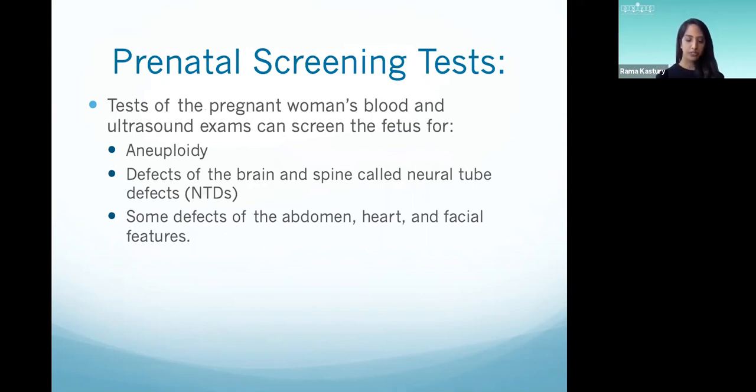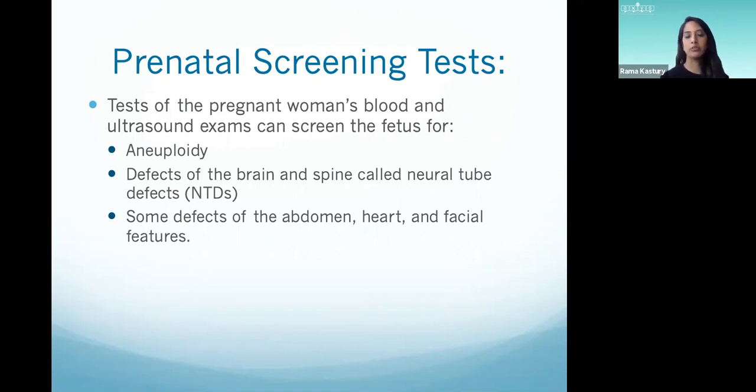In general, these screening tests test pregnant women's blood in the first and second trimester, and additionally add on an ultrasound exam to look at specific markers. They look for aneuploidy.